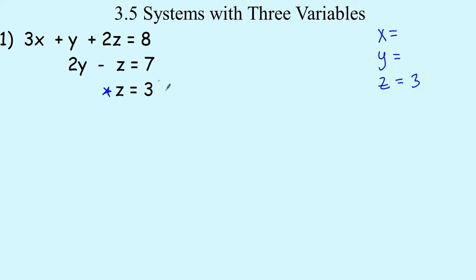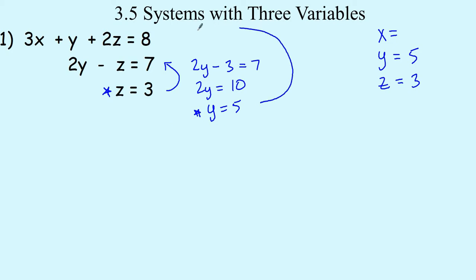Then we can use that to plug into the other equation. So 2y minus 3 equals 7. So 2y equals 10, so y equals 5. Well, now that we have y and z, we can use both of those to plug into the top equation.